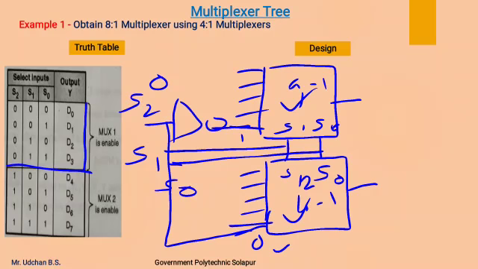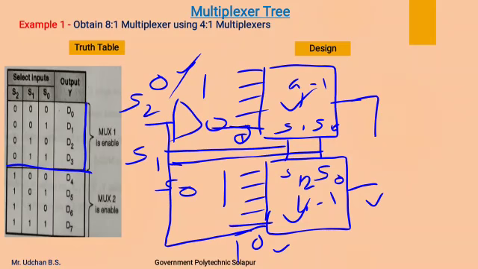So when S2 is 0, we get the output from the first multiplexer. For the next 4 input combinations of the select lines, S2 is 1, by which the first multiplexer gets a 0 enable input and the second multiplexer gets a 1 enable input. The second multiplexer now gets enabled and the first multiplexer gets disabled, so the inputs of the second multiplexer appear over the output line.